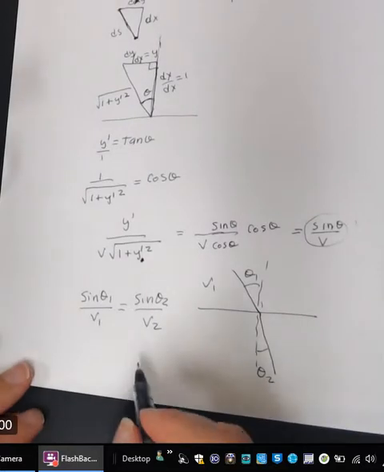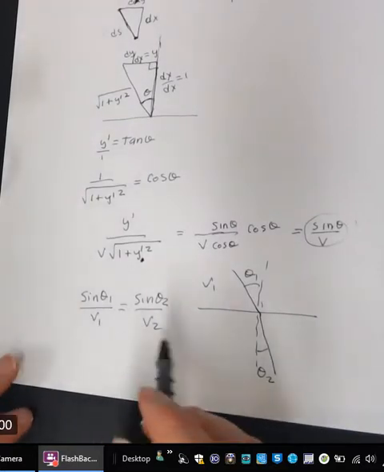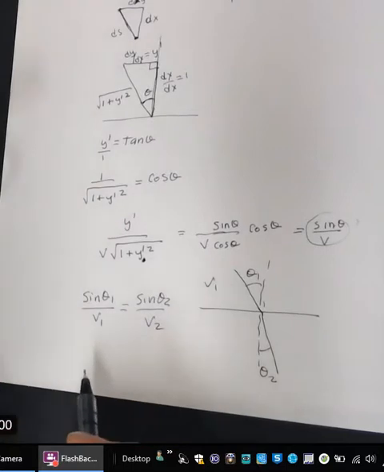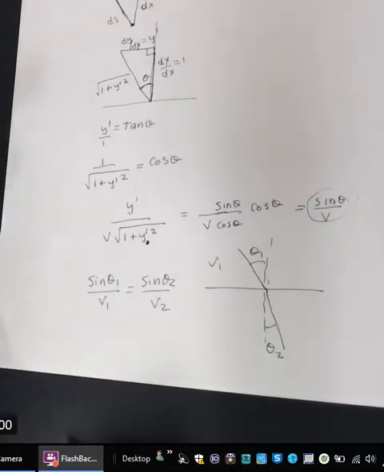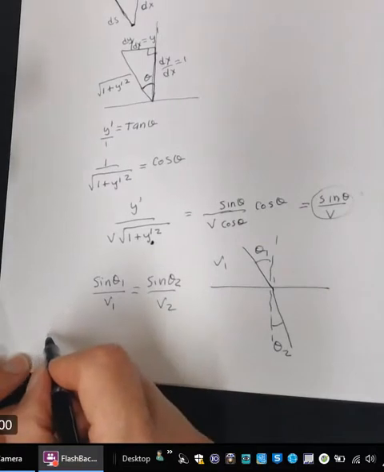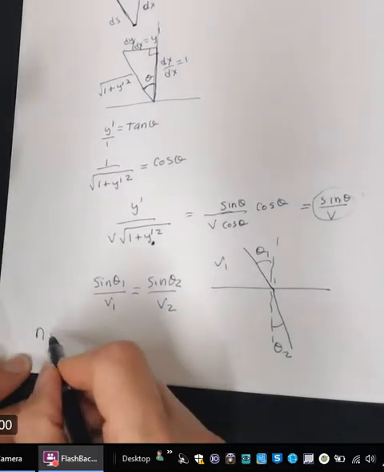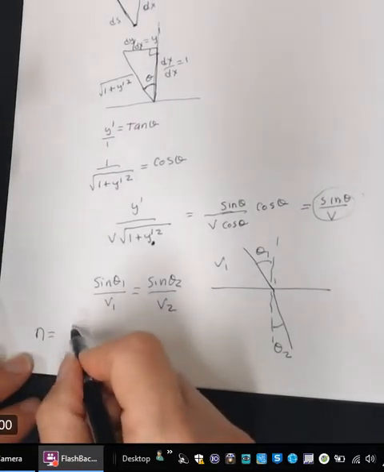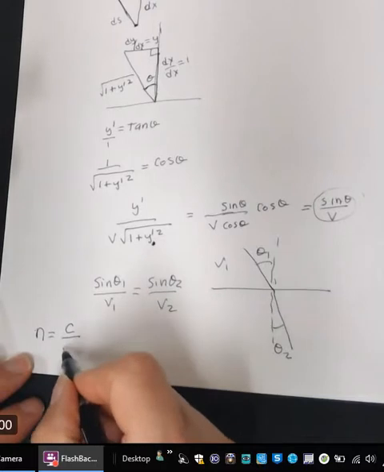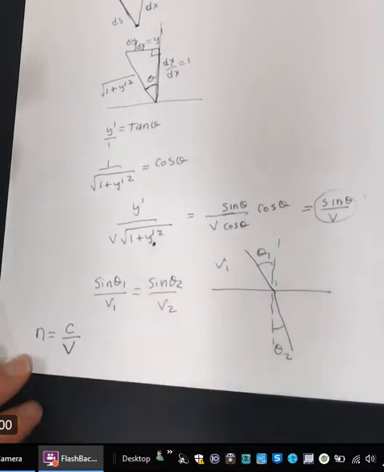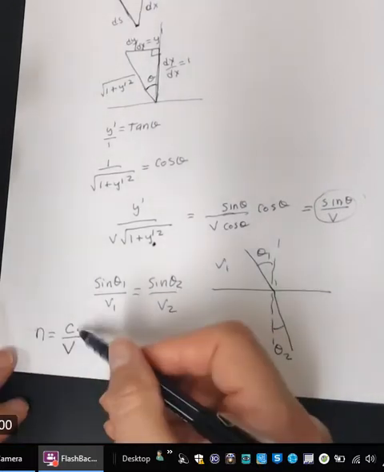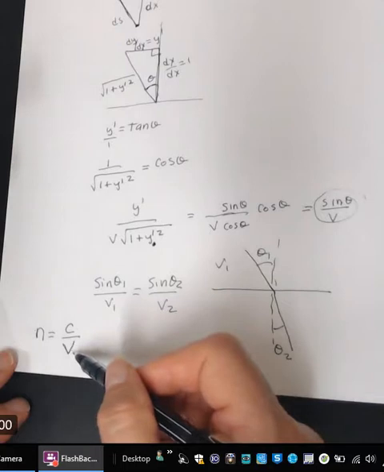Of course, that still does not look quite like Snell's law, because Snell's law uses the index of refraction. So the index of refraction is defined as the speed of light in a vacuum over the speed of light in the material.